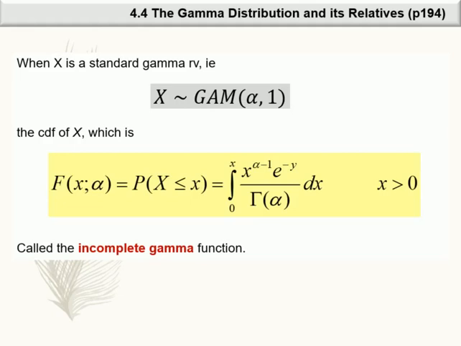Now, just like with the normal distribution, you're not going to do any integration when you want to find probabilities. You're going to use tables. Somebody has already computed tables for the incomplete gamma distribution, which is just the CDF of a standard gamma. This is what the table looks like.